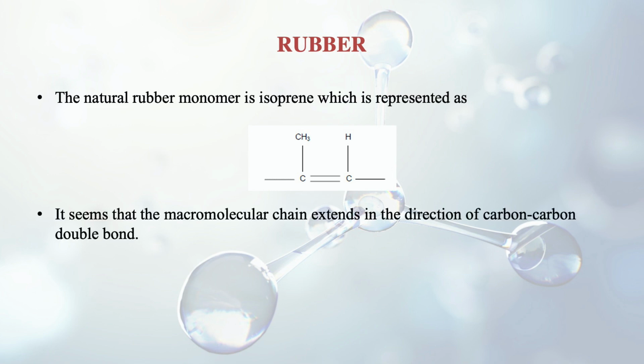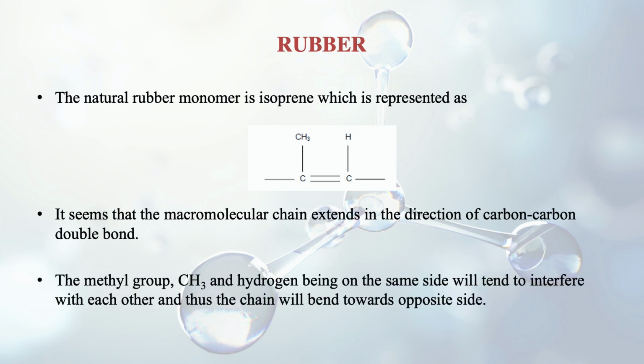The macromolecular chain extends in the direction of the carbon-carbon double bond. As I told you, this opens up. The methyl group CH3 and the hydrogen, if you see in the figure, are both on the same side. So they will try to interfere with each other, and due to this interference, the molecule will bend towards the opposite side.